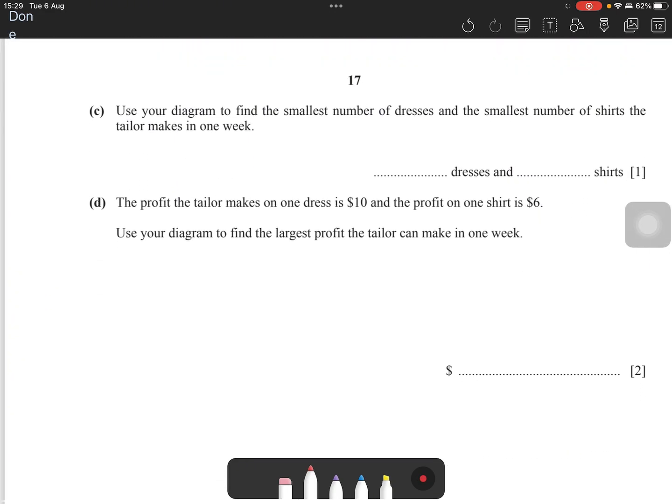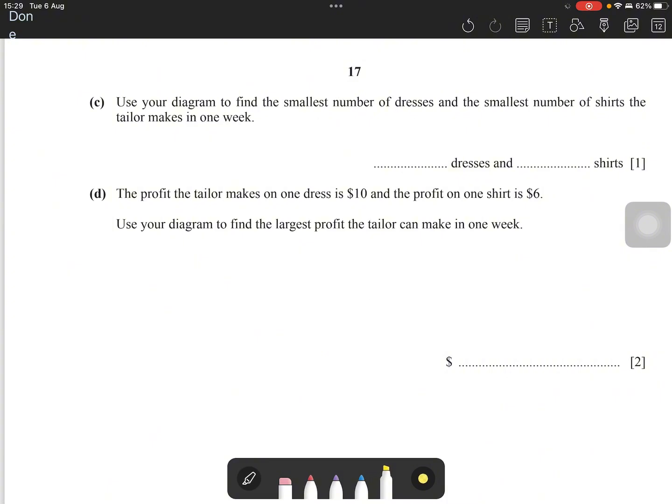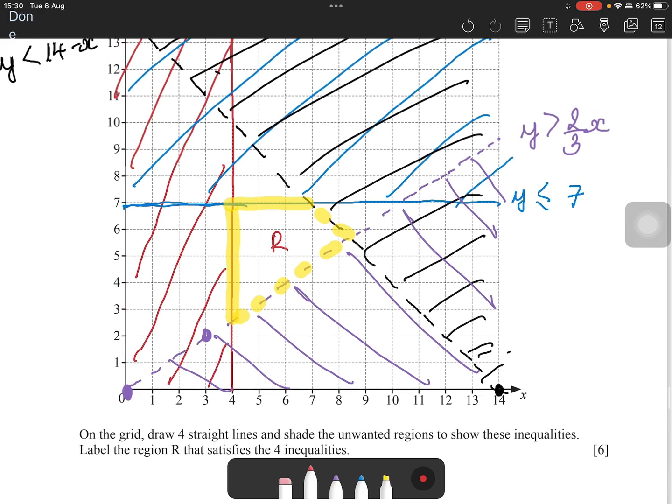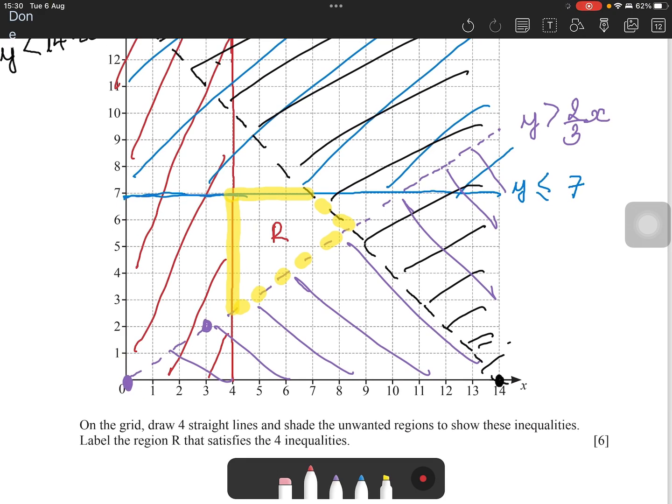C. Use your diagram to find the smallest number of dresses and the smallest number of shirts Taylor makes in 1 week, which means we want x to be the smallest, and y is also the smallest value. So let's check in the region R. The smallest value for x and y is here.